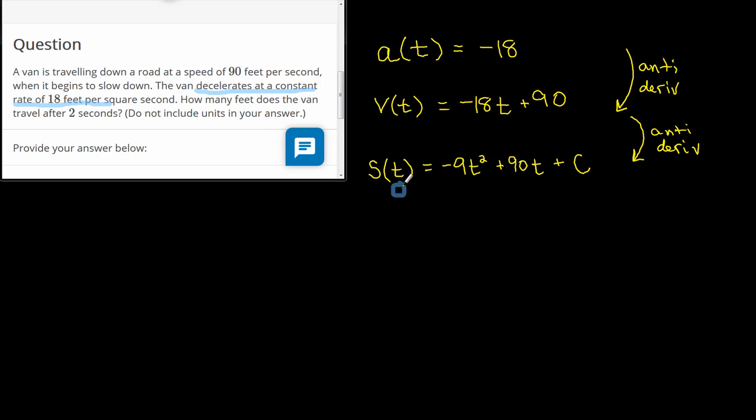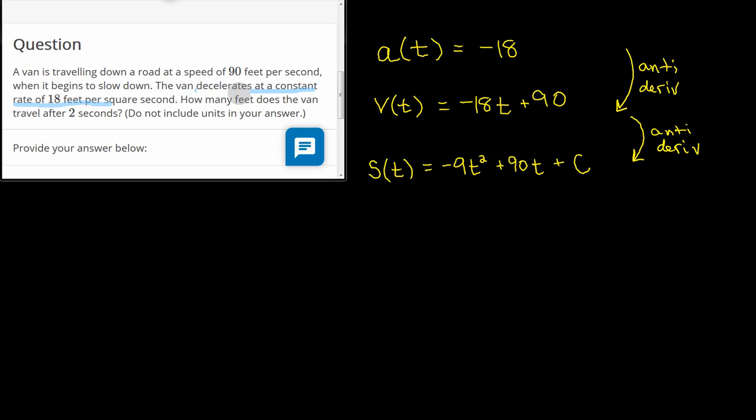This term is going to be 0, and this term is going to be 0, and all you're left with is c. So the moral is that if you're talking about velocity, the value of c is whatever the starting velocity is, whatever the time 0 velocity is. And if you're talking about position, then c is always your time 0 position.